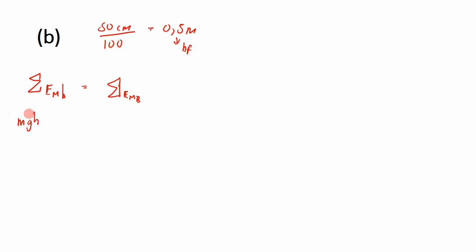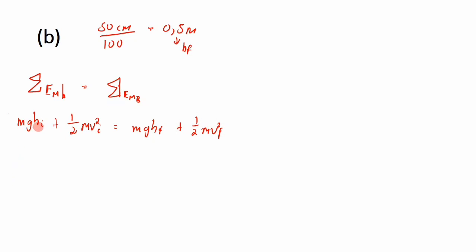So here we have the potential energy initially, and then we have the kinetic energy initially. Then on the other side, we have the potential energy finally plus the kinetic energy finally. Now from this, we can just substitute here.